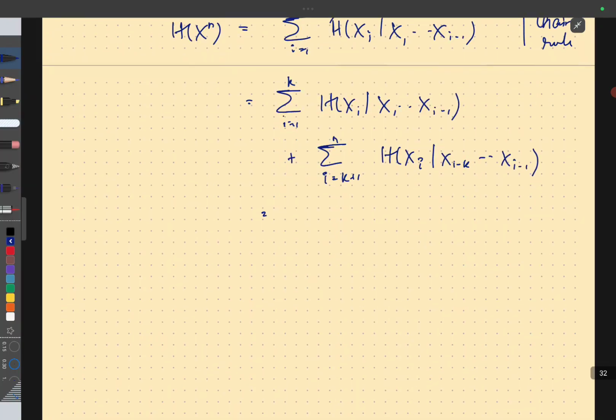So this is equal to summation i equal to 1 to k. I can write the first summation as simply H of x^k, right, plus summation i equal to k plus 1 up to n of H of x_{k+1} given x1 up to xk.